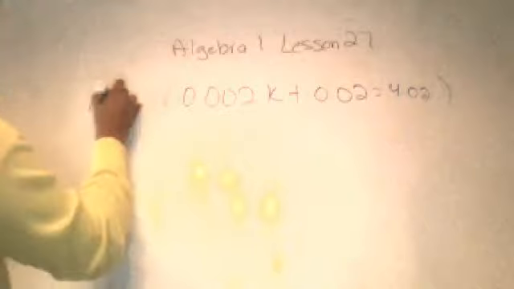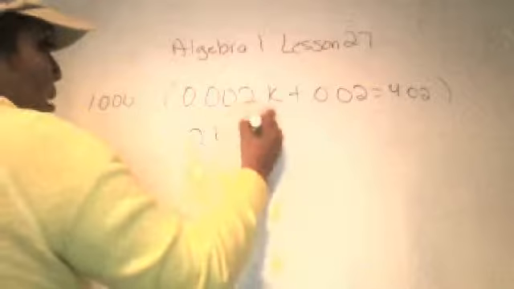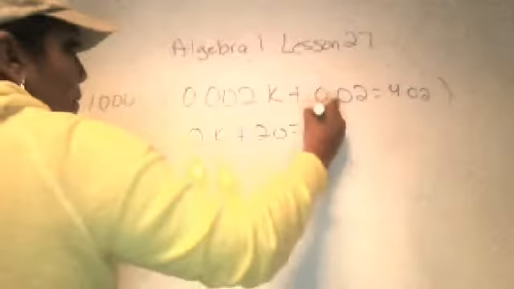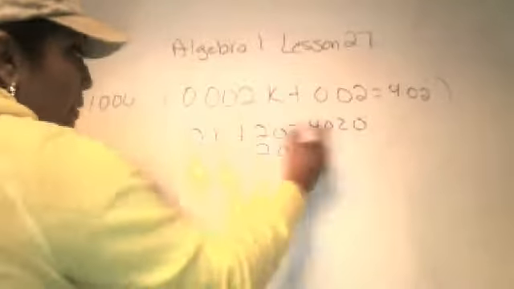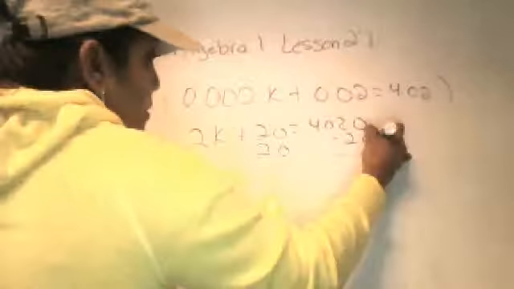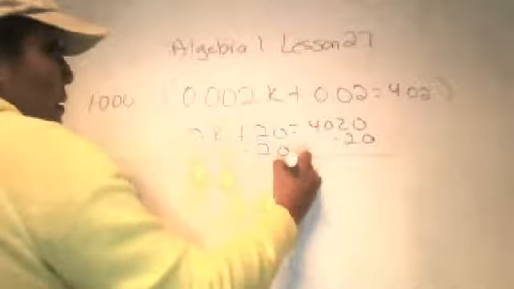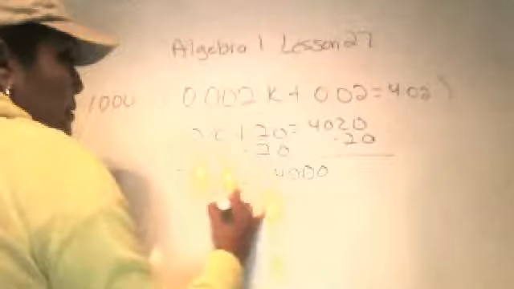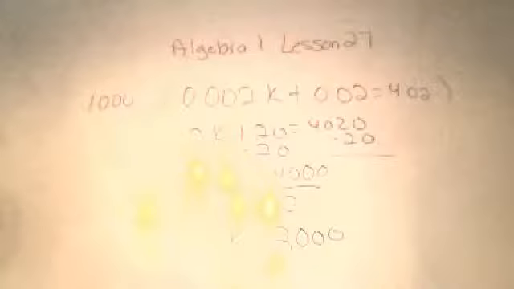So we're going to multiply this whole thing by 1,000. Move the decimal place over 3 places. So 2k plus 20 equals 4020. Now we have whole numbers. Those are much easier to work with than decimals. Divide by 2 gives me 2,000.